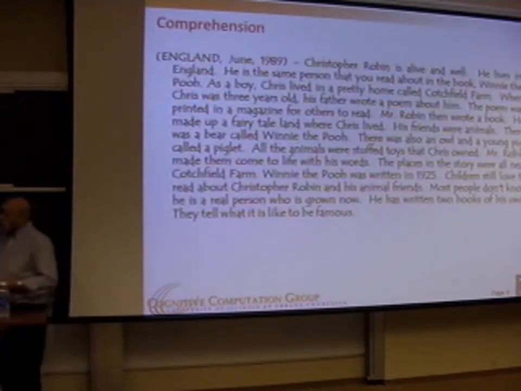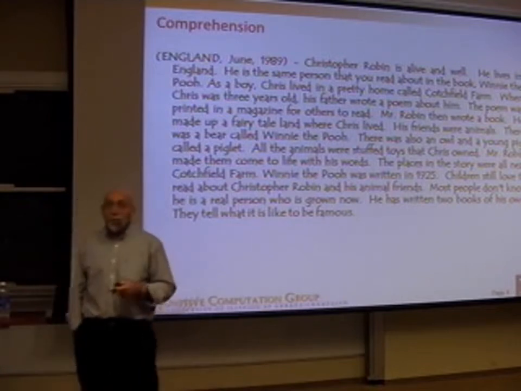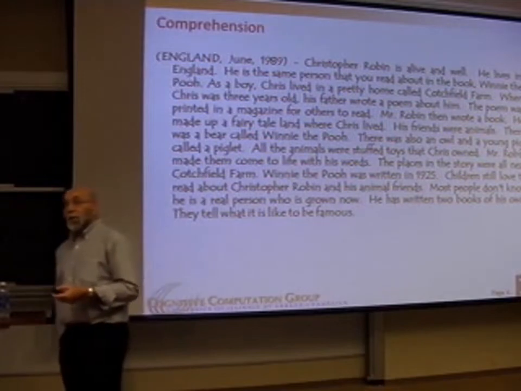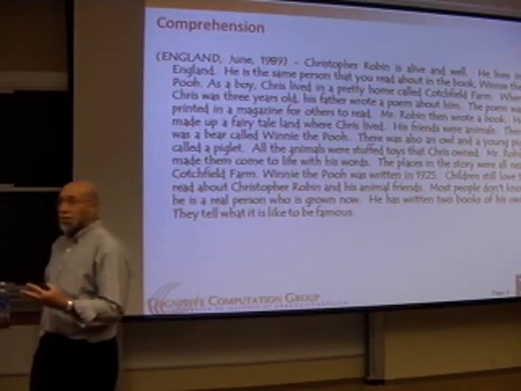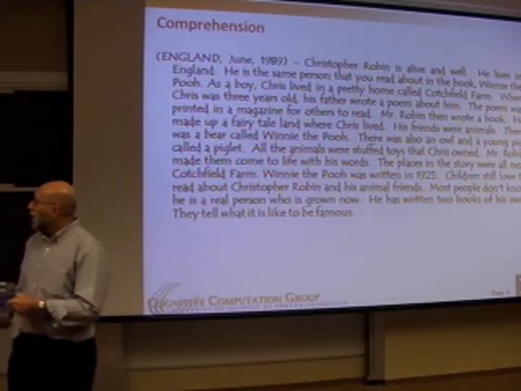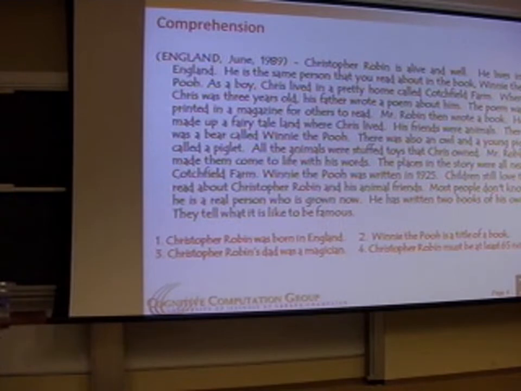I'm really interested in solving this problem in the context of more interesting NLP problems like this. This is a short story taken from a comprehension test that is given to 2nd or 3rd graders. They can do it. Given the story, they are also given 4 or 5 questions. In this case, I rephrase the questions as statements because I'm more interested in the textual entailment aspect of it.